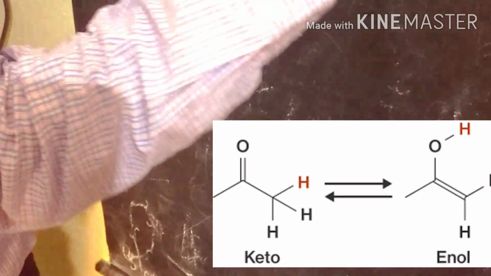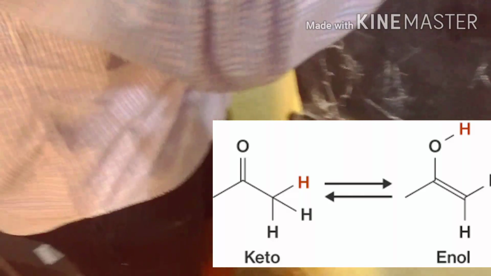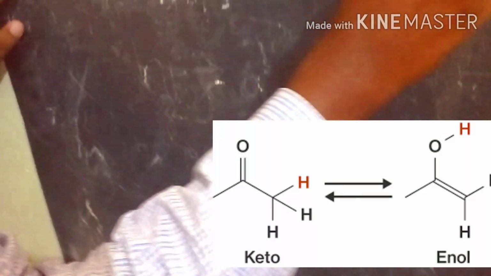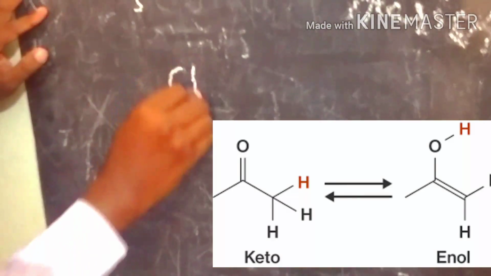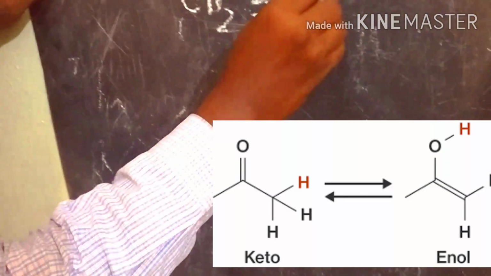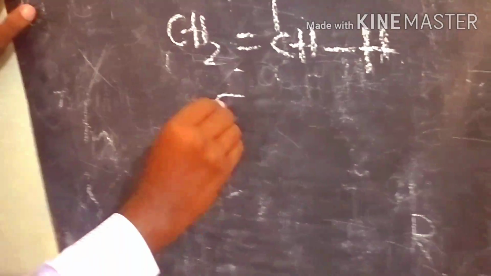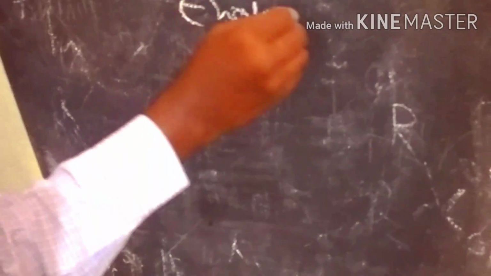For example, if you take CH3CHO, acetaldehyde, through tautomerism it gives the enolic form, CH2=CH-OH. This is the enolic form of acetaldehyde. What is called enolic? Here we have unsaturation.